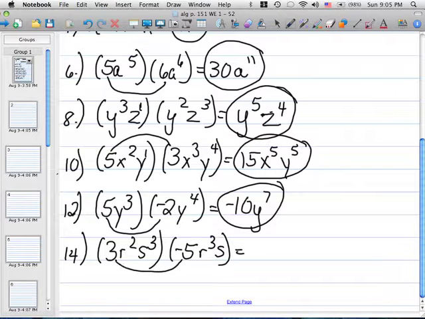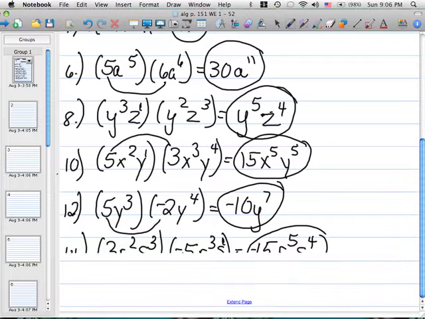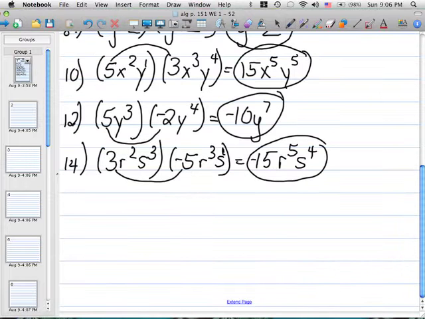Multiply the numbers together, you get negative 15. R to the second times r to the third, that's a total of 5. S to the third, s to the first, 3 plus 1 makes s to the fourth. So negative 15, r to the fifth, s to the fourth.